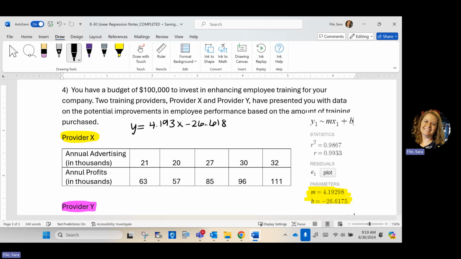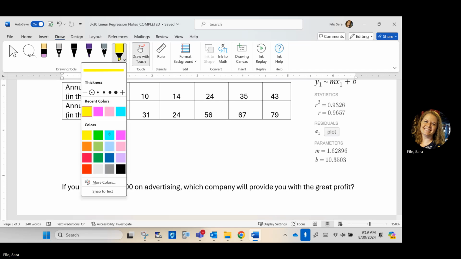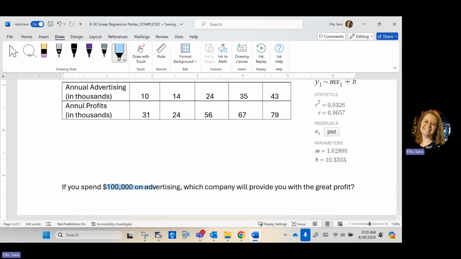Okay, and they're asking us to make the prediction when you're investing 100 grand on advertising. Now, should I plug in 100 grand with all those zeros, or what should I be plugging in?